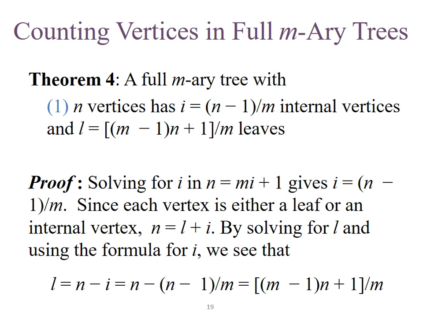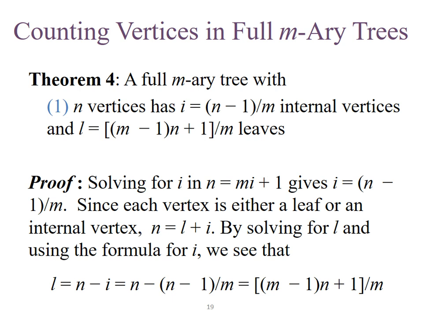This is very easy, right? Based on the previous equation, n equals mi plus 1. Now the given variables are m and n, so i equals n minus 1 divided by m. If we represent i by the given variables m and n, i can be written as n minus 1 divided by m.